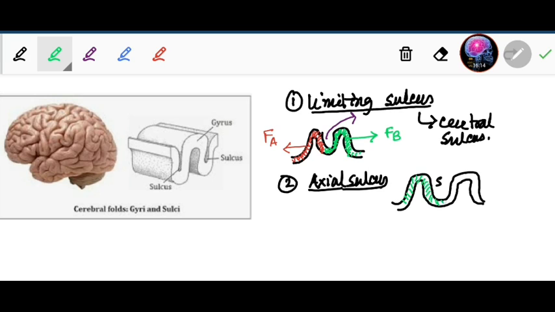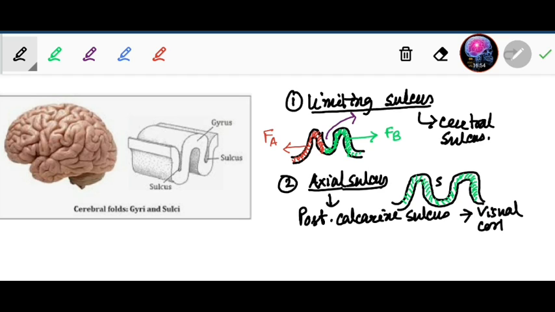Posterior part of calcarine sulcus, which is also known as post-calcarine sulcus, is an example of axial sulcus, since the visual cortex grows along it.